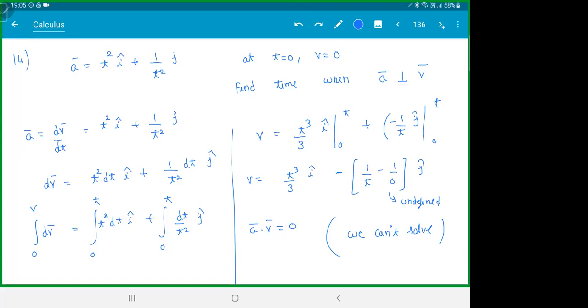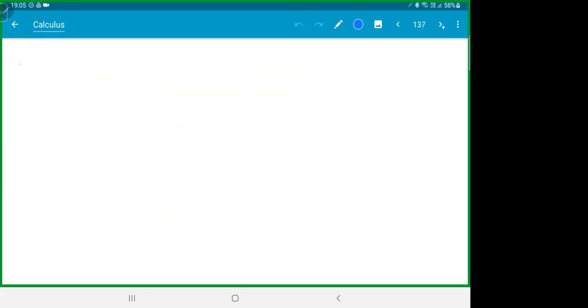Let me show you one more like this with vectors. All clear with this? Hope you got the mistake I did. Let's say acceleration is sine 2t I cap plus cos 2t j cap. At t equals 0, v is 0 and x is 0. Find velocity as a function of time t, position as a function of time t.